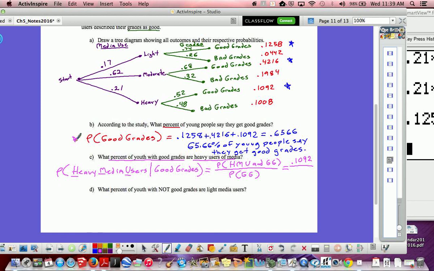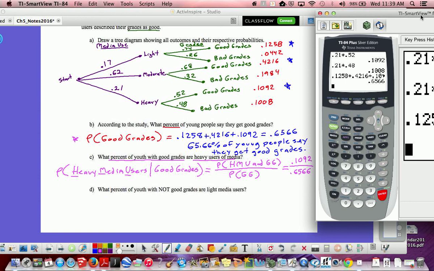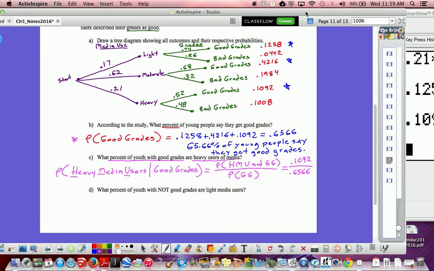So we're actually going to use our answer in part B to help us calculate this out. So 0.1092 divided by 0.6566 is 0.1663. This equals 0.1663. Can you read that? Actually, it does show up okay.